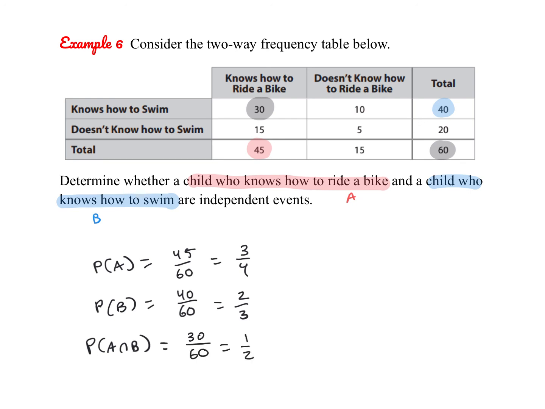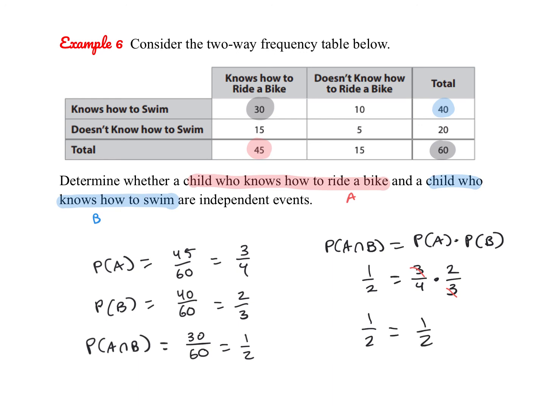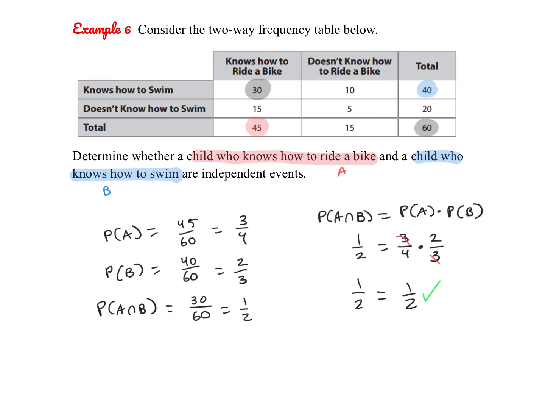So I'm wondering, again, if the probability of the intersection is equal to the product of the individual probabilities. So is 1/2 equal to 3/4 times 2/3? This becomes 2/4, which is 1/2. So since this is true, we can state that these two events are in fact independent.